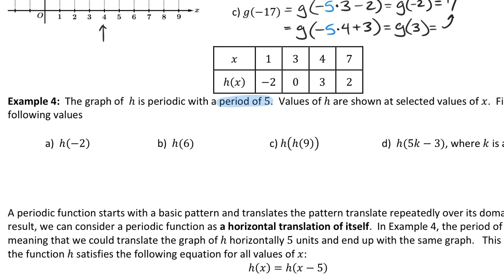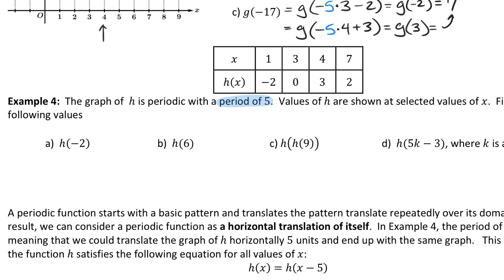Find the following values, and we want to know h of negative 2. Is negative 2 a number that I know for x values on this table? No, so I have to do a little bit of work to make this happen. Because these numbers are all pretty close together, and it's not like 72, instead of working like we did in the top problem, which you can do, I want you to just add and subtract the number 5.